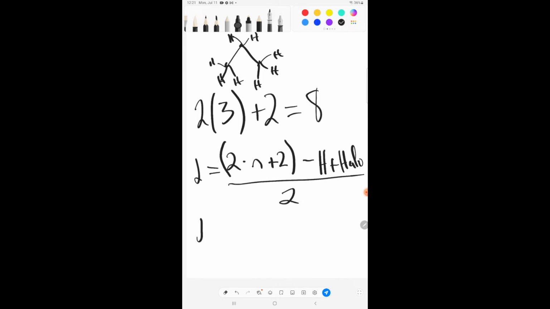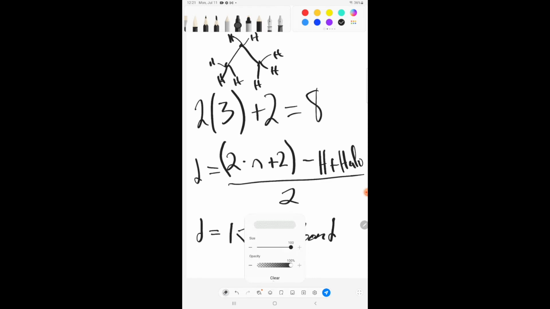Now, if we get a degree of unsaturation of 1, this indicates a single pi bond, a double bond, right? Or a ring in the molecule.